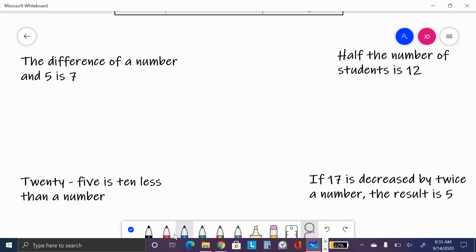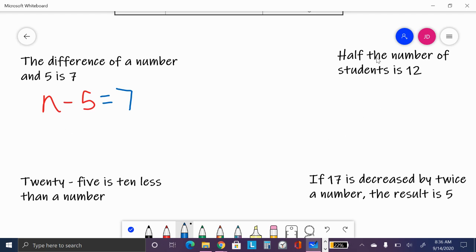Difference means subtraction. So the difference of a number and 5 is n minus 5. Now, whenever I see the word is, I try to think equals. So is 7. So n minus 5 is 7. And then I have a one-step equation I can solve by adding 5 to both sides.